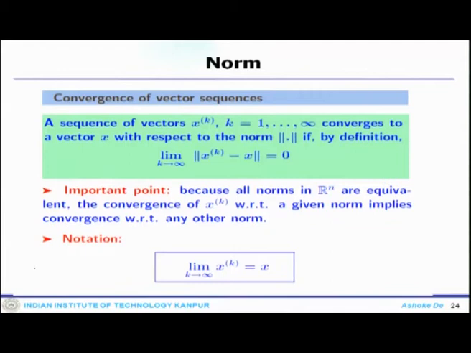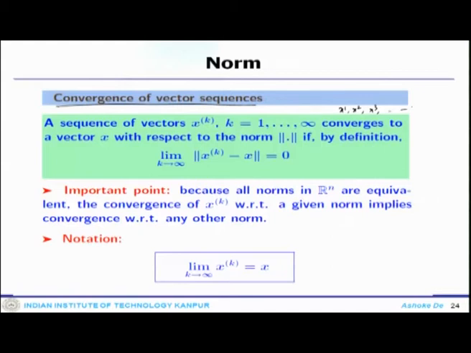Now, the important topic is the convergence of vector sequences. This will be used again when discussing linear solvers. A sequence of vectors, for example x_k, k from 1 to infinity, that means you have x1, x2, x3 like that.